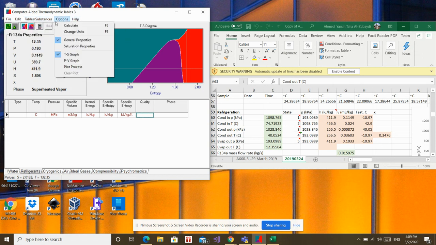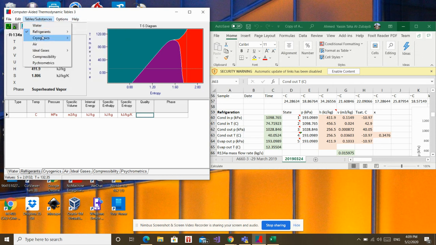Also, I have other options like finding the properties of water, finding the cryogenics like ammonia, argon, ethane, neon, and oxygen, for the air, for the ideal gases, for the compressibility, and for the psychrometric chart. For the psychrometric chart, my advice is to keep using the Sugar Engineer's website, because I think that their calculator is the most convenient one we have on the web.